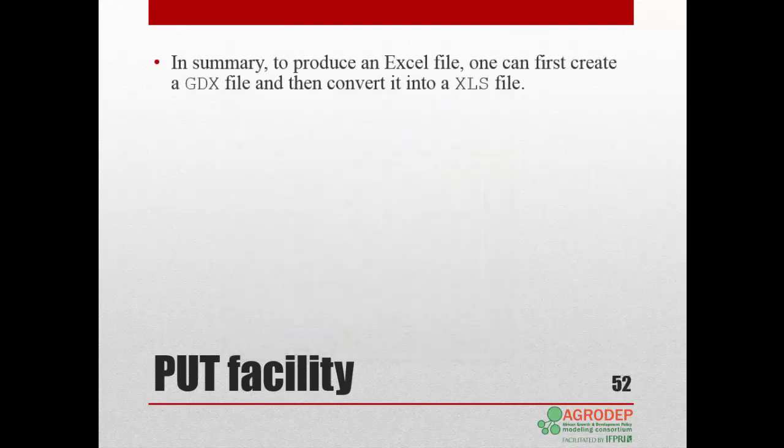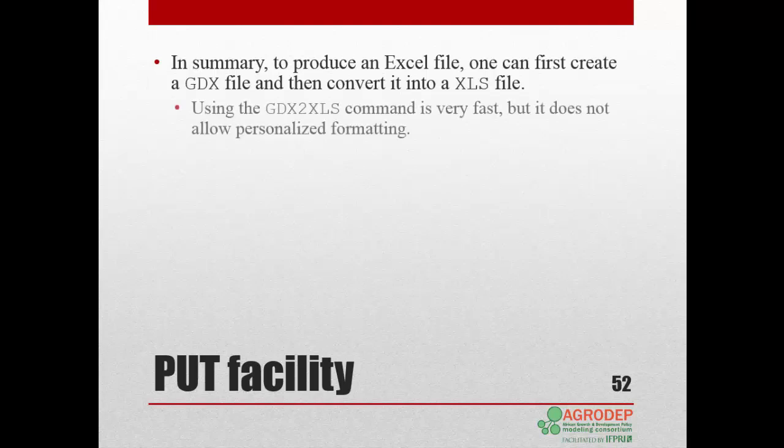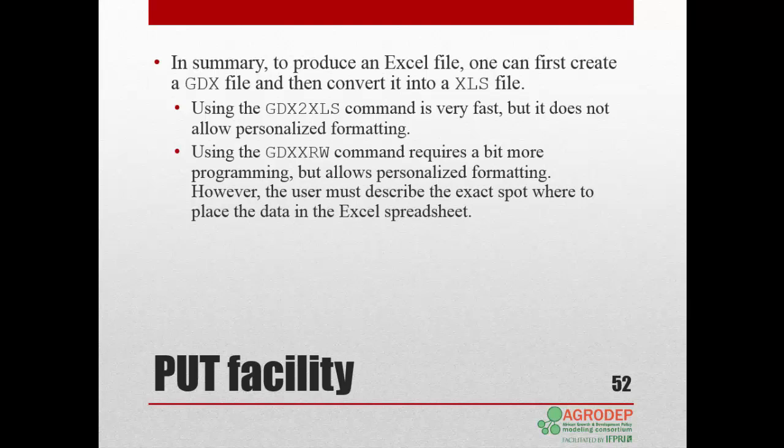To summarize, to export data to an Excel file from GAMS, one option is to create a GDX file and then convert it into an Excel file, either by using the GDX to Excel command, which is relatively quick but does not offer the user flexibility in formatting, or by using the GDXXRW command, which requires a bit more programming but offers the user more flexibility in formatting.